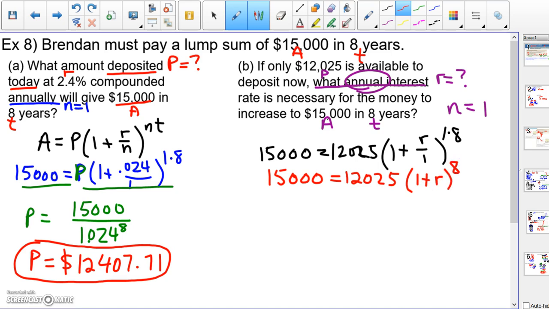We're just solving an equation, so do what you always do. We're going to divide by 12,025.